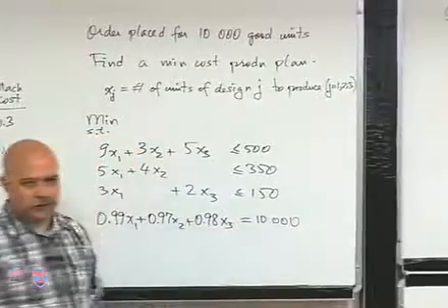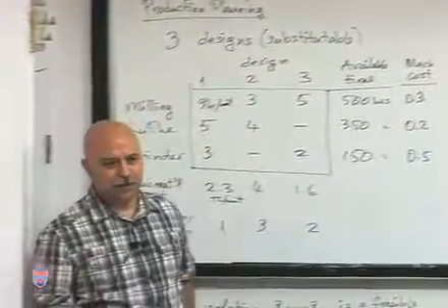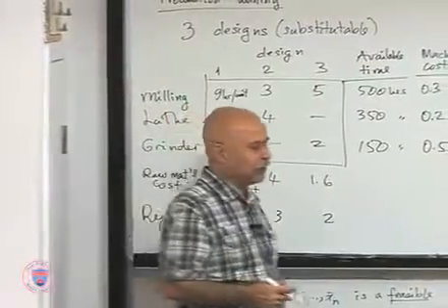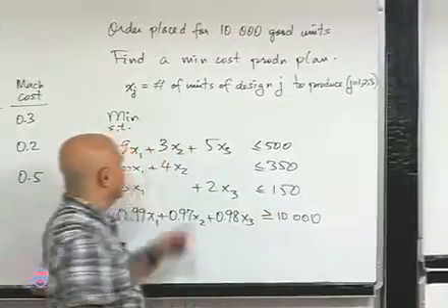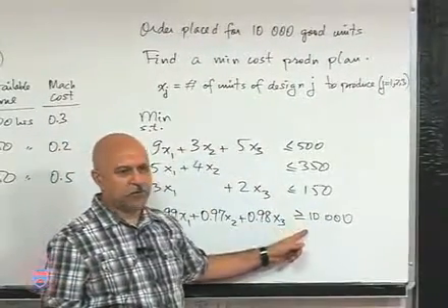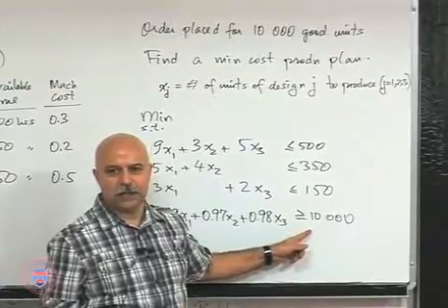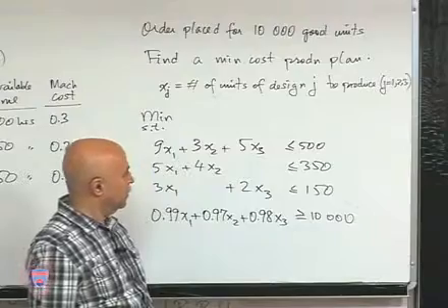I prefer equality because whatever you produce in excess will not be good for you. In other words, it will cost you something. Of course, you can write it this way, but since you're minimizing the cost in the optimum solution, it will take it as equality. It will not tell you to produce anything in excess, generally. Okay?